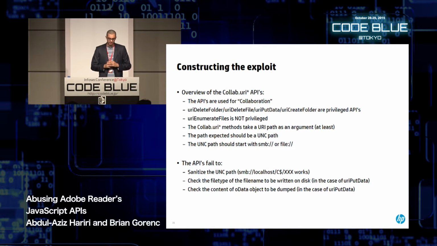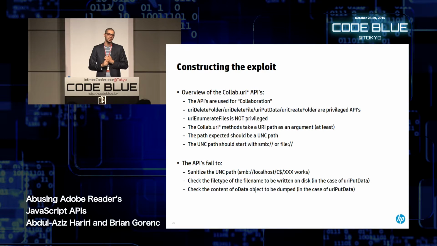One thing common among delete folder, create folder and put data is that these are privileged APIs. Enumerate files can be executed without being in a privileged context, so you can list whatever files inside a directory from the doc context.